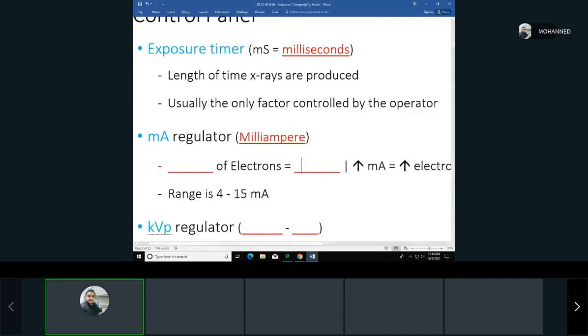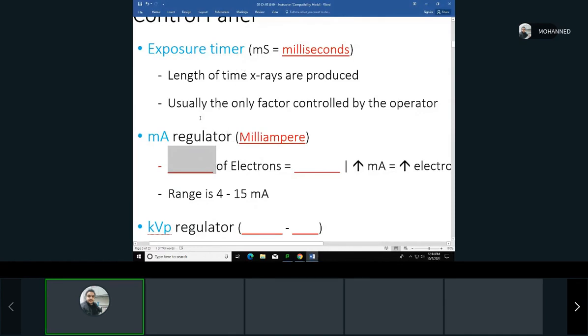Anyway, so amperage, again, is what we regulate to make sure we get a good X-ray. And the milliamperage control that we have, when you say milli, that means what? One on 1,000, right? And same thing, a millisecond is one on 1,000. Millimeter, yes. So one on 1,000.